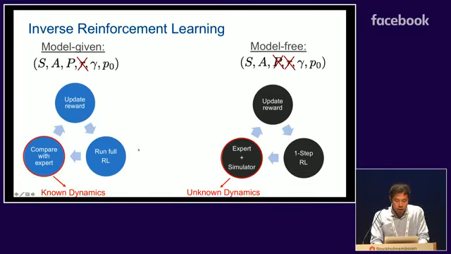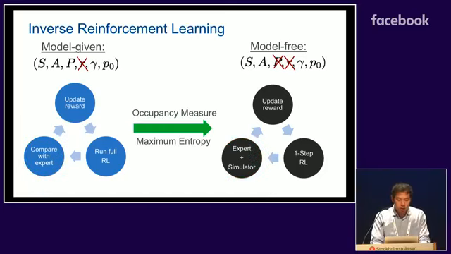And we go from a simpler setting where the dynamics are assumed known, which allows us to compare the policy performance with the expert easily, to the model-free case where it's trickier, but we replace the requirement of knowing the dynamics with access to an environment or simulator to gather more data. And essentially, we unify these two perspectives using occupancy measures and the maximum entropy principle.